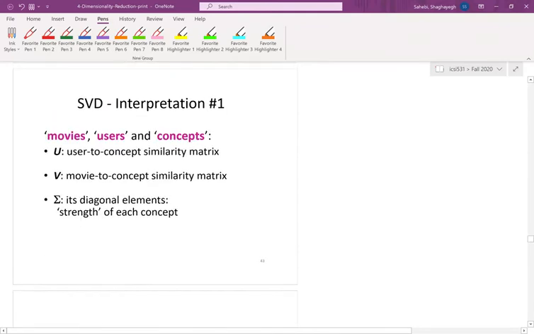So if you go back to the document, word, and concept interpretation that we had at the beginning of this session, you would get that interpretation too. It's similar to movie user concept interpretation.